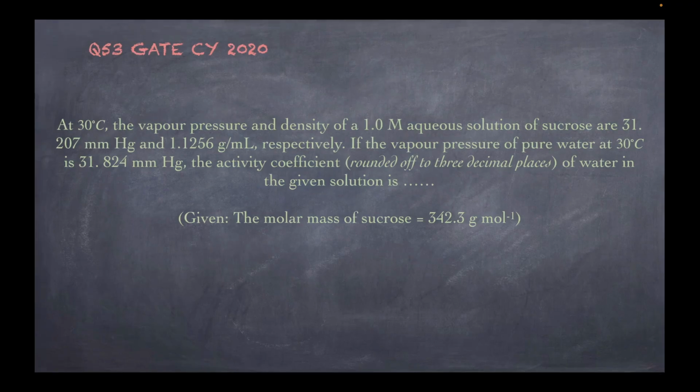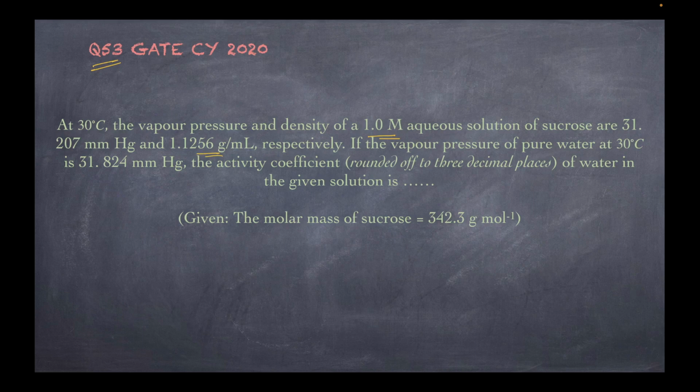Okay, so let's start. So this is question number 53 from the 2020 paper, and the question is: at 30 degrees centigrade the vapor pressure and the density of 1 molar aqueous solution of sucrose are 31.207 mm Hg and 1.1256 gram per ml.